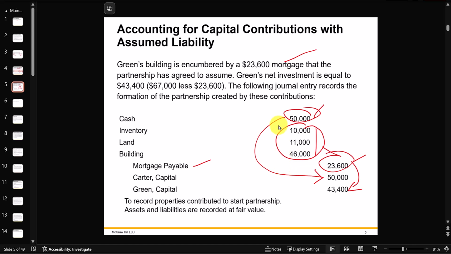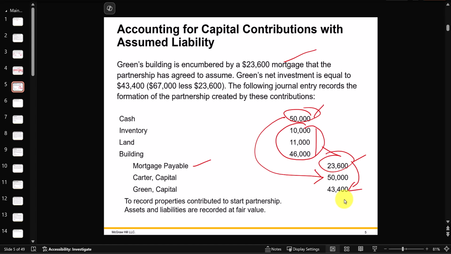And any increase or decrease compared to the values recorded here would be allocated among the two partners according to their profit or loss sharing percentage, which we haven't talked about yet. But again, in theory, whatever is in this capital account is what they get to take out if they were to retire or dissolve the partnership.